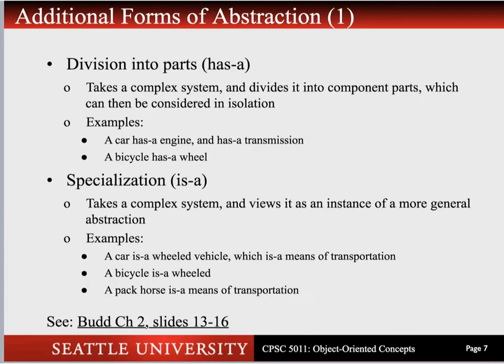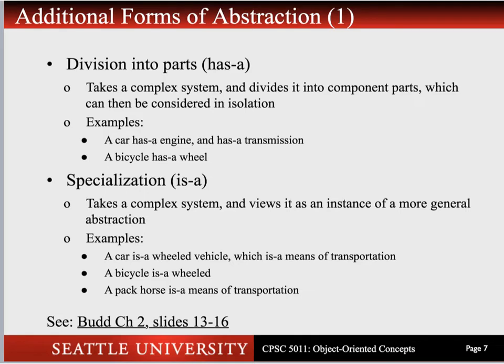There are additional forms of abstraction, which includes the division into parts, also known as HAS-A. Division of parts takes a complex system and divides it into its components, which then can be considered in isolation.